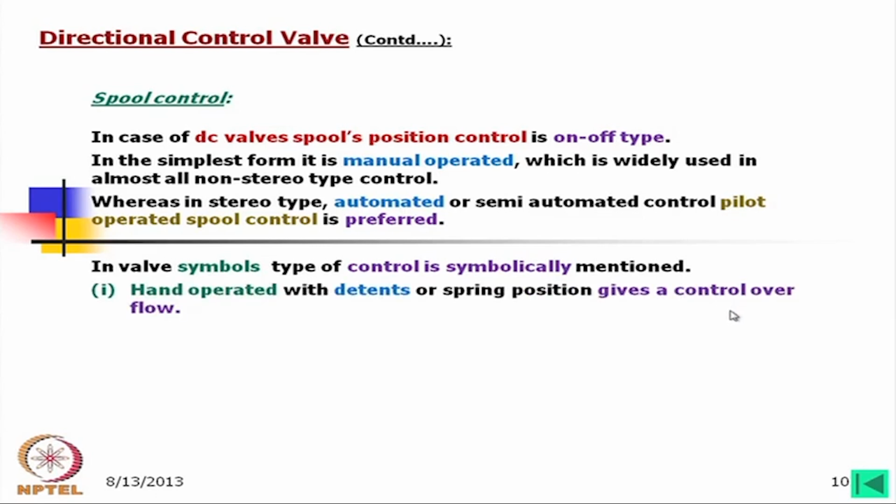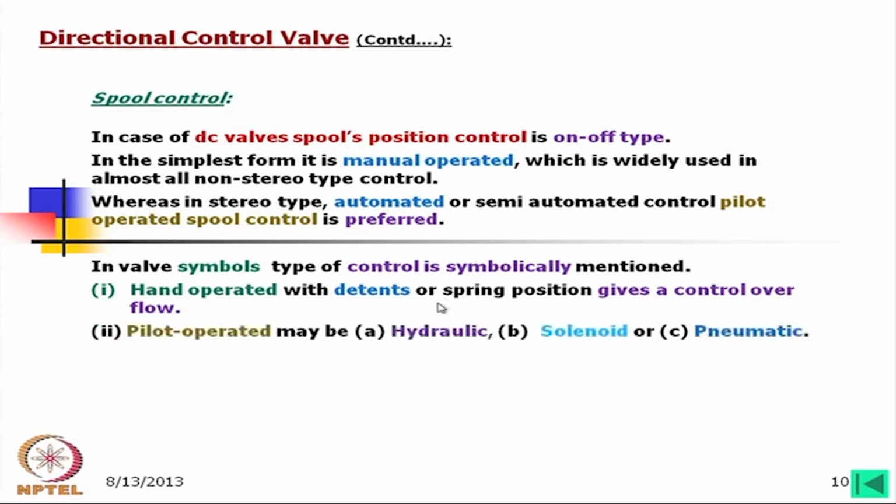Hand operated with detents or spring position gives a control over flow. As I have mentioned, we can also control the flow a little bit by detaining the spool in an intermediate position. Pilot operated may be again hydraulic, solenoid or pneumatic.